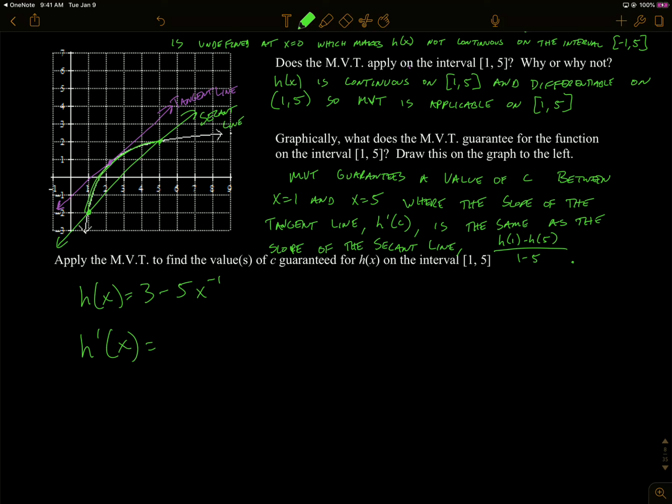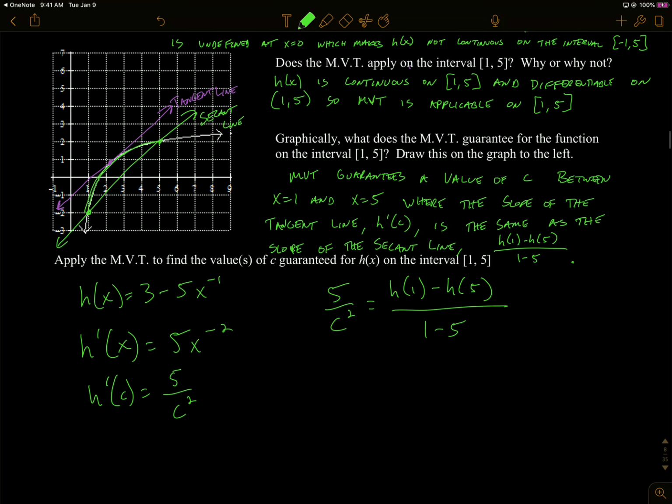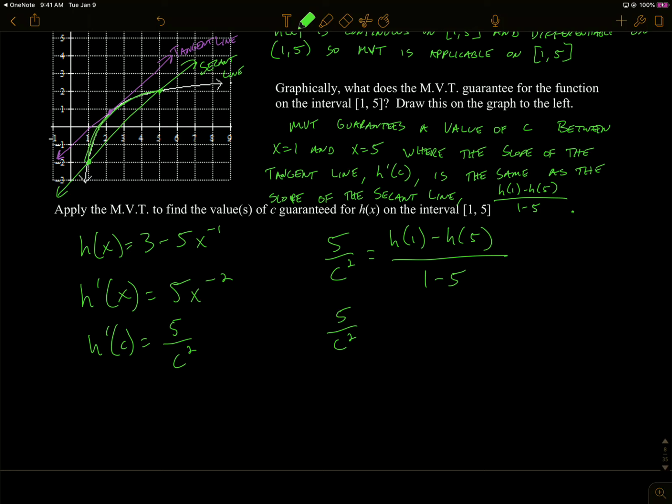So if I do the derivative, I get 5x to the -2. So there's going to be some c where that derivative, which I'll call 5 over c squared, is going to be equal to the average rate of change on the interval, which was h of 1 minus h of 5 all over 1 minus 5. So I'm going to solve this for c to find that value that's guaranteed.